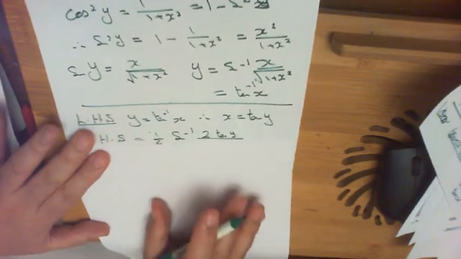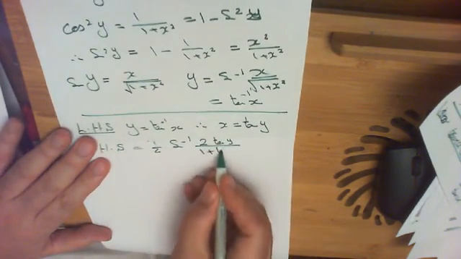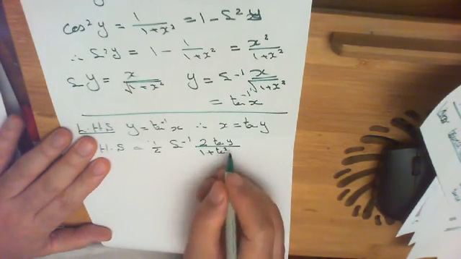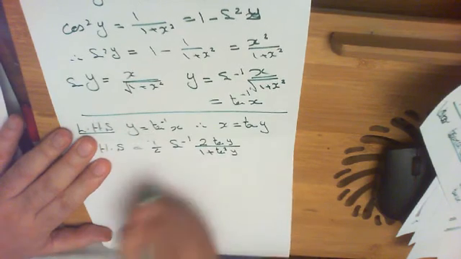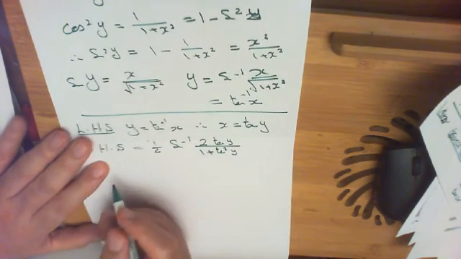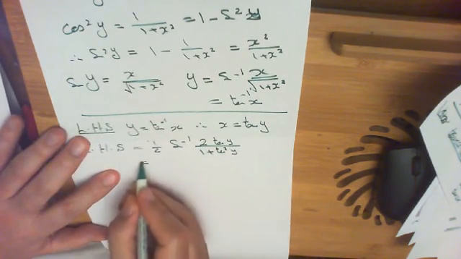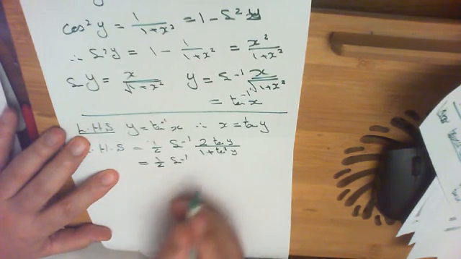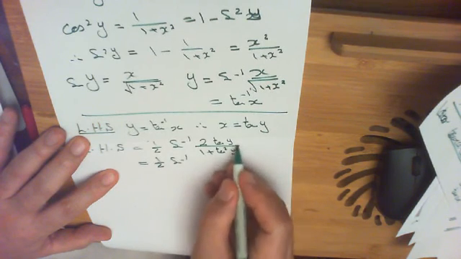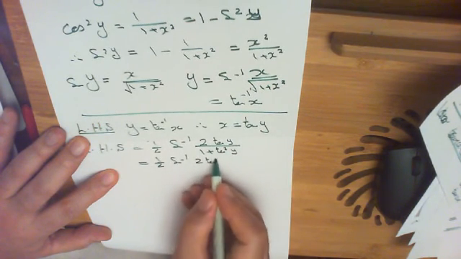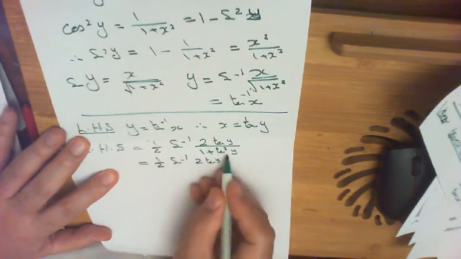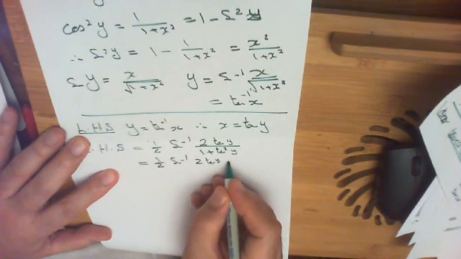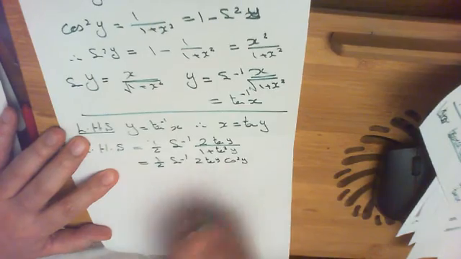Instead of x, we set tan y. 1 plus tan squared y is sec squared y, right? So we have half sine minus 1 of 2 tan y over sec squared y, which is 1 over cosine squared, so we have cosine squared y.